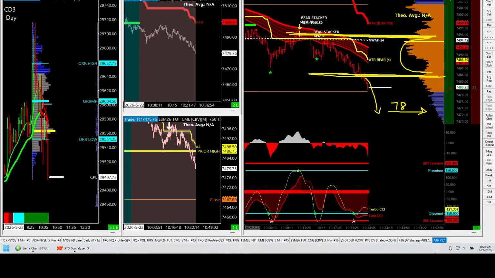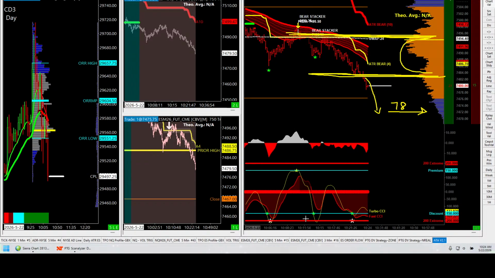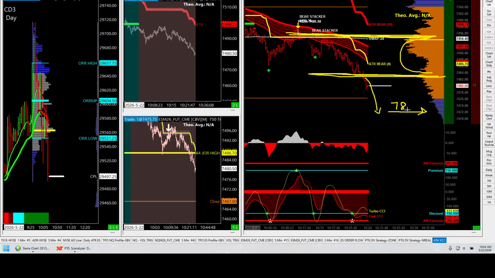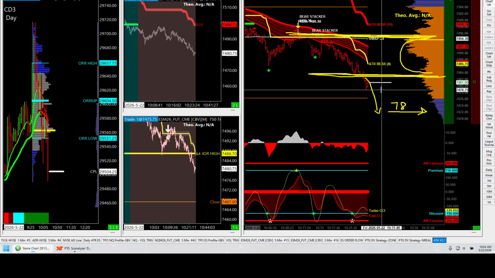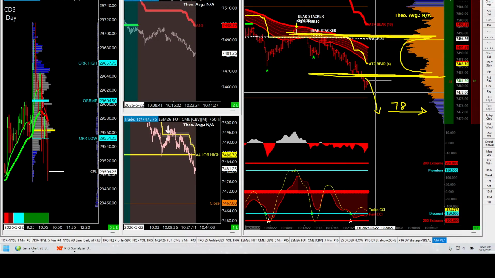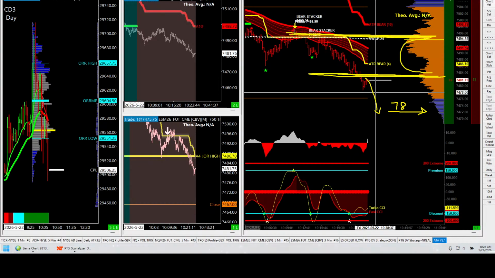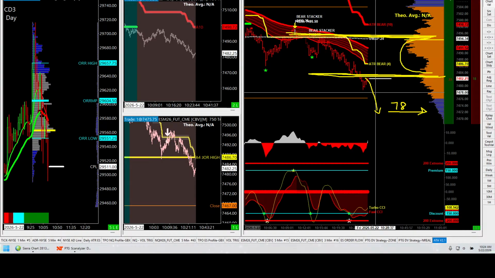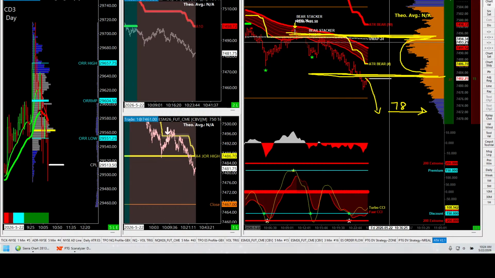how there's your 78s coming in. My drawing has moved, but you see we're coming into that 78s. There's a 78s tag now. All right, so 78s, next level. All right, tagged. So my drawing kind of moved off.